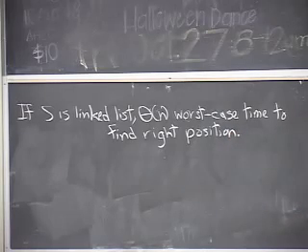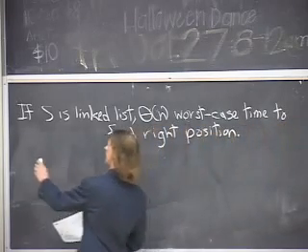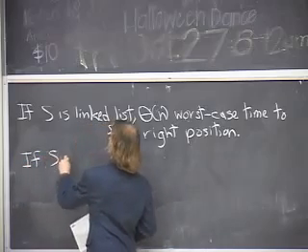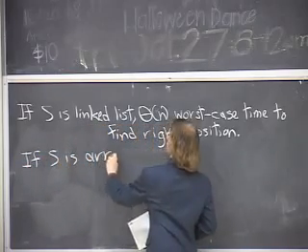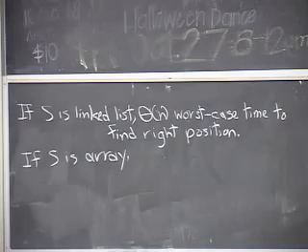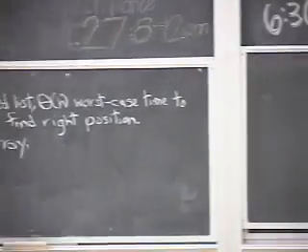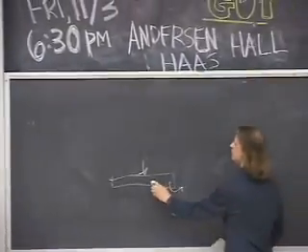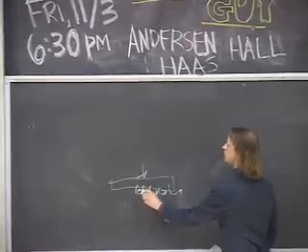Well, but what if S is an array? Well, we can do better than that. With an array, we can do binary search, and we can find the position to insert the new item in log n time. So that's better. But there's bad news. Once we've found the place to insert the new item, if it's in the middle of the list, we have to take all these items and shift them over one position to make room for the new item.